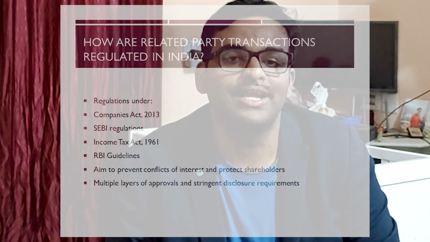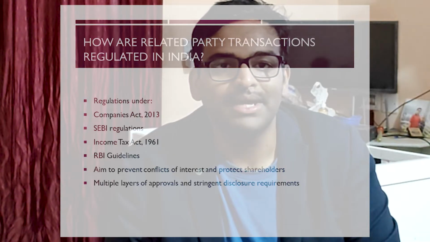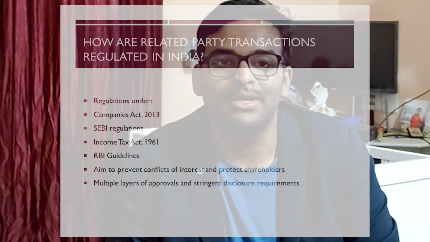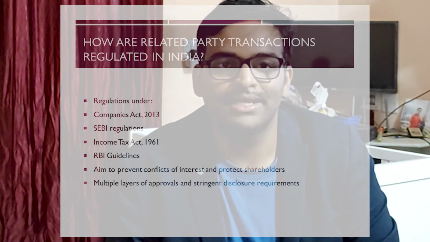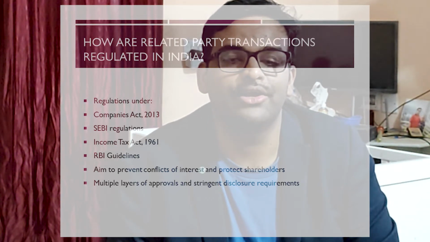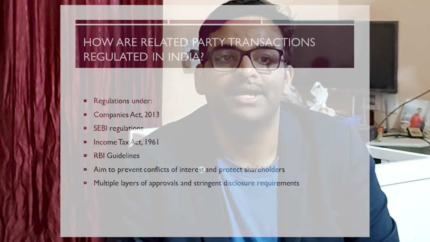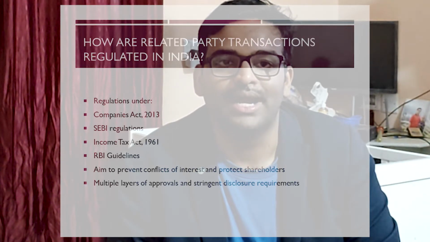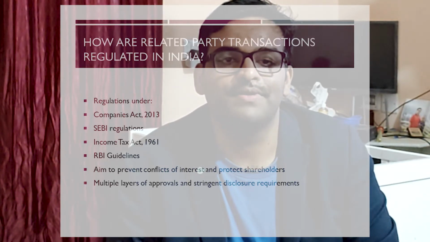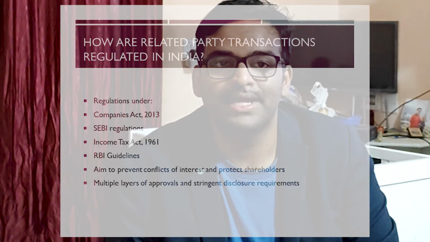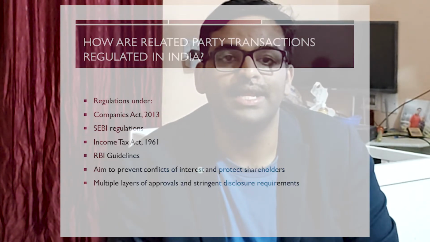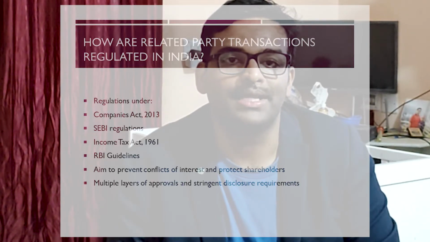How are related party transactions regulated in India? Related party transactions in India are primarily regulated under the Companies Act 2013 and the Securities and Exchange Board of India regulations, Income Tax Act 1961 and the Reserve Bank of India regulations. These regulations aim to ensure transparency, fairness, and accountability in dealings involving related parties.